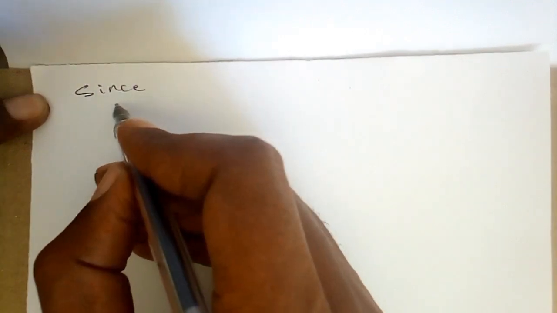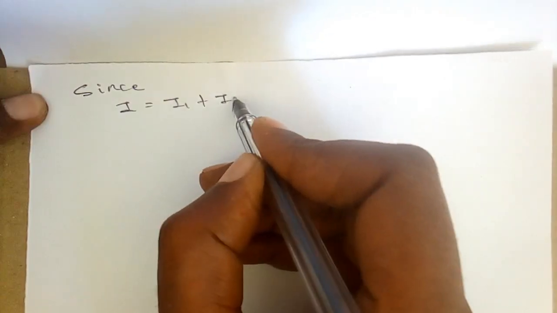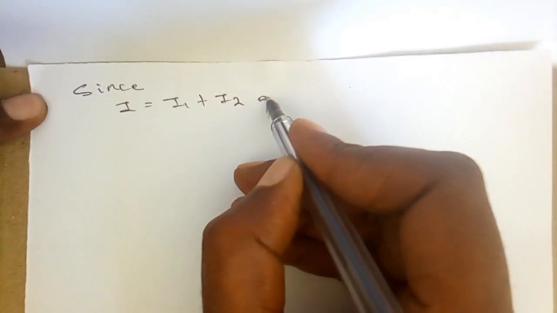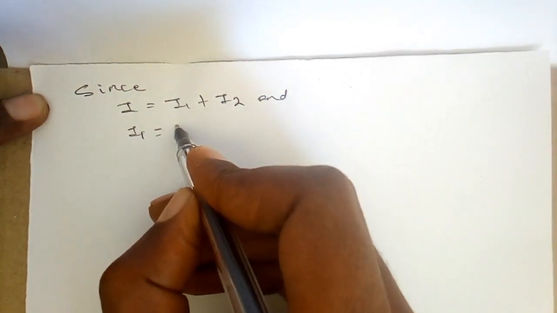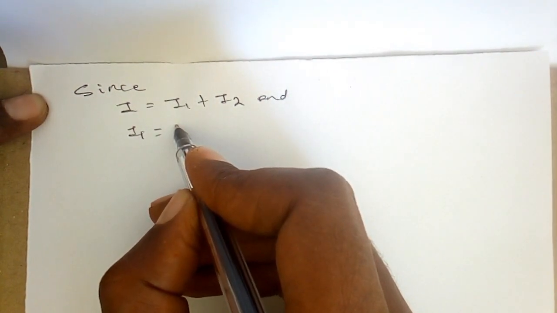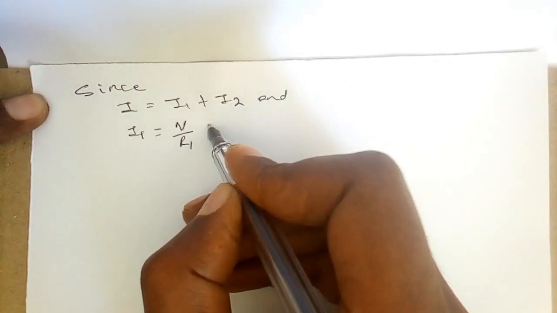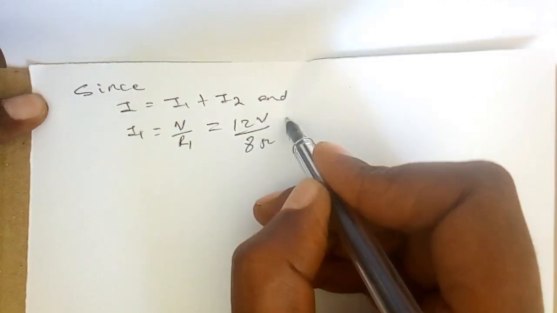Now, from this connection, since the current is summed up and the voltage is constant, as we said before, to prove this: current I1 plus I2.